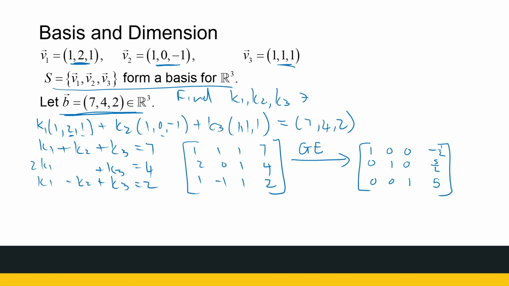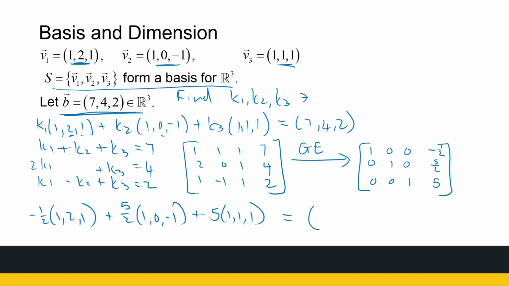Now, what does that mean? That means that if I take minus a half times 1, 2, 1, plus 5 over 2 times vector 2, which is 1, 0, minus 1, plus 5 times 1, 1, 1, I should get this vector B. Well, let's see. Minus a half plus 5 over 2 is 2, plus 5 gives me 7.